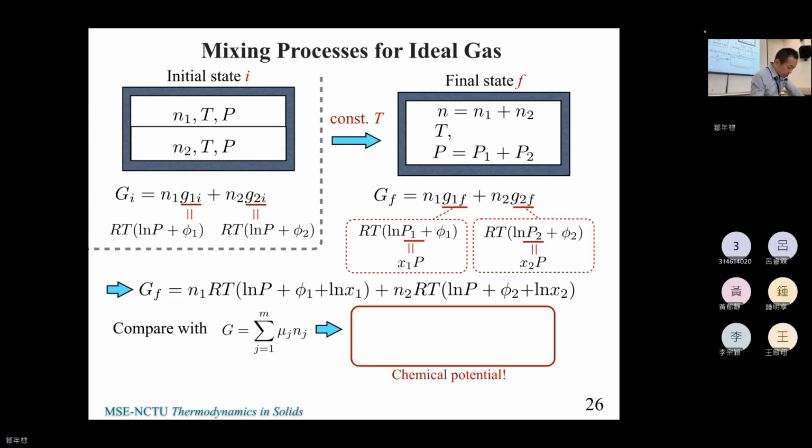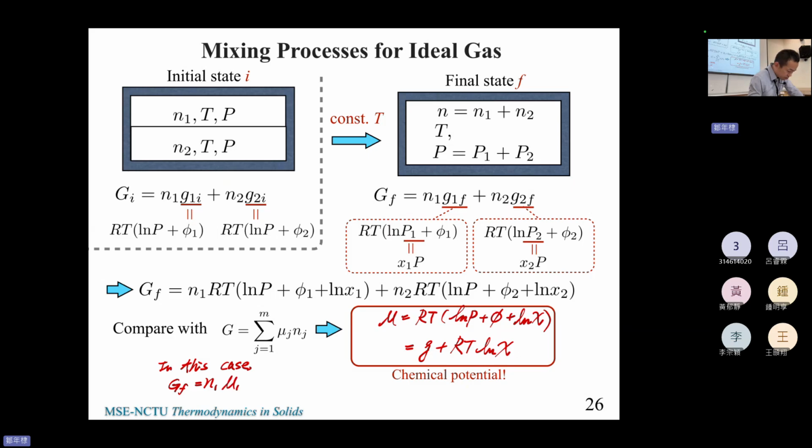Now, actually, you can see mu equal to RT natural log P plus phi plus RT natural log X. So G equal to G plus RT natural log X. In this case, because we only have two constituents, two gases, GF equal to N1 mu1 plus N2 mu2. So you see, compare with this.